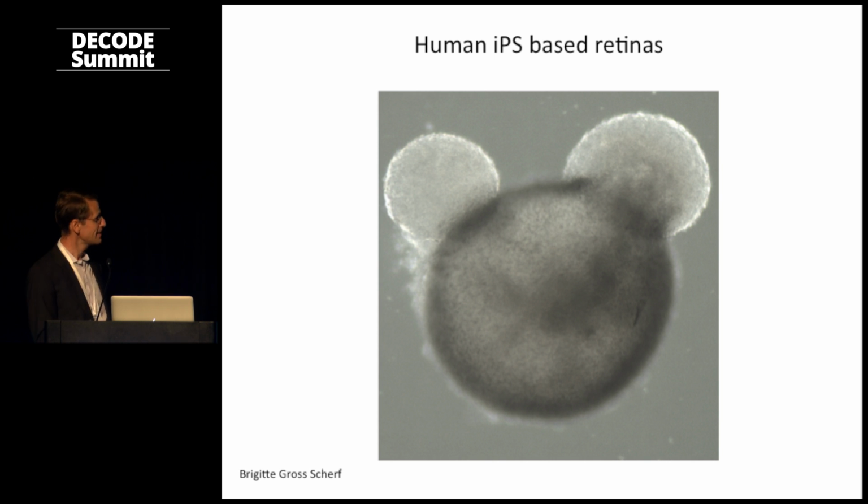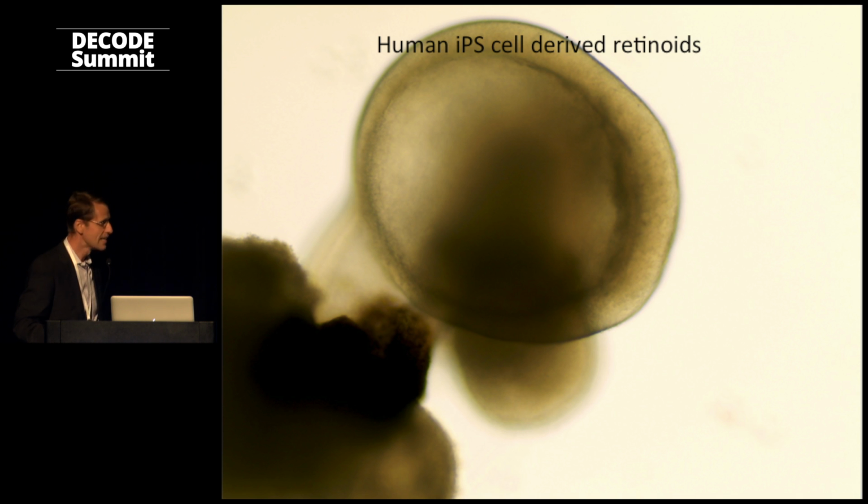And so what the field and us and some other people started to do is cutting off these optic cups from these human cell masses and started to grow them. And when you grow them, what you notice is that each of them is developing to a sheet, what we call a retinal organoid. And I will show you soon what happens month by month in these organoids.